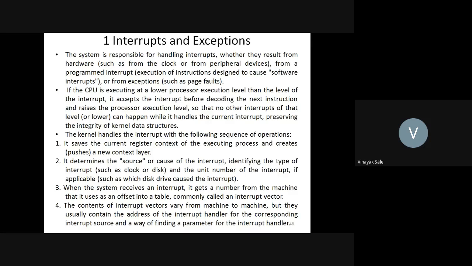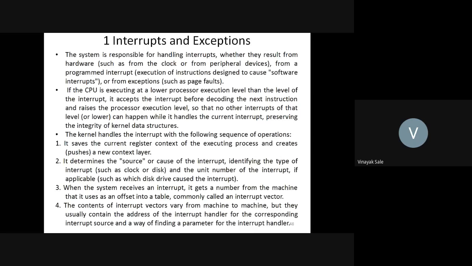It determines the source and cause of the interrupt, identifying the type of interrupt and the unit number of the interrupt if applicable. So it determines the source of the interrupt, the reason for that interrupt, the type of interrupt, and the unit number of that interrupt.